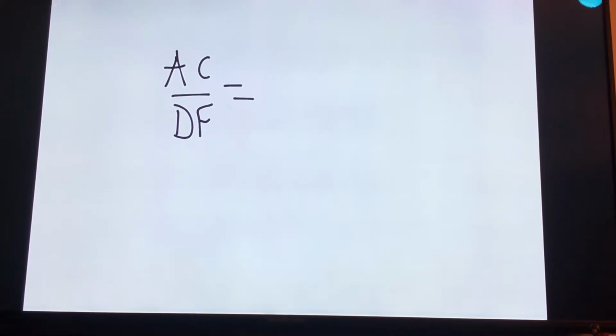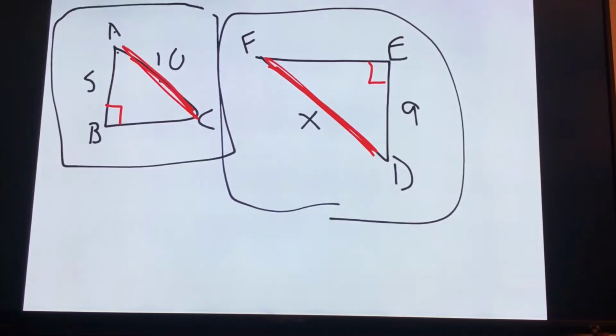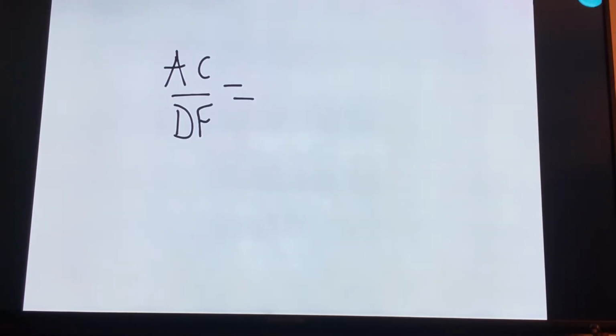Equals, what's the other side I know from this triangle? I know AB, because it gives me A. These are the sides I know, I guess, if you will. So AB is going to be the same as what? DE. So guess what? We can actually put AB over DE.